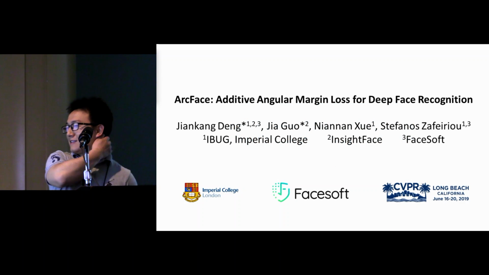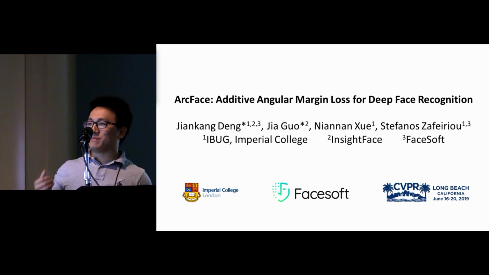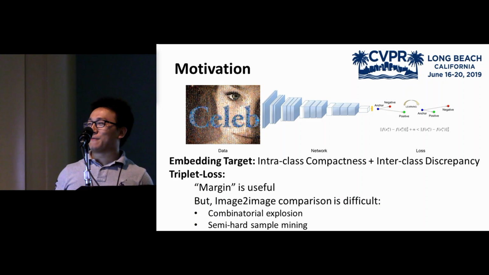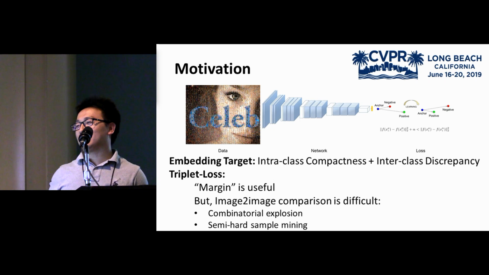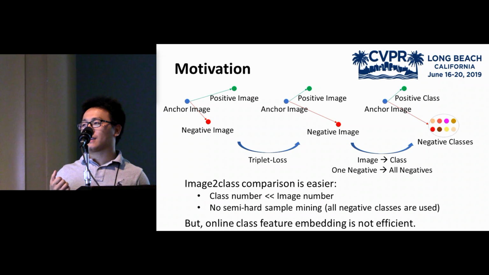Hello. So I will repeat the slides again. The targets of face recognition are intra-class compactness and inter-class discrepancy. Triplet loss has the margin, but image-to-image comparison is difficult as the image number is very large.